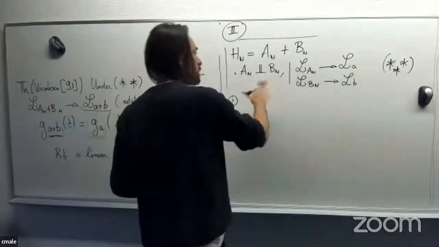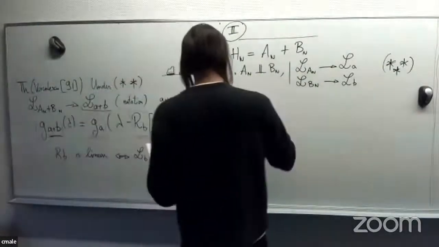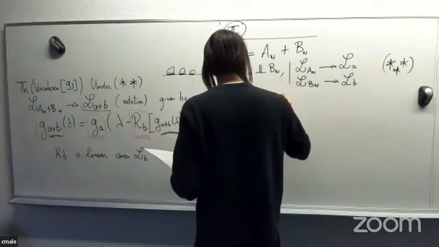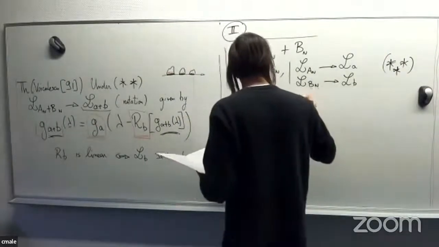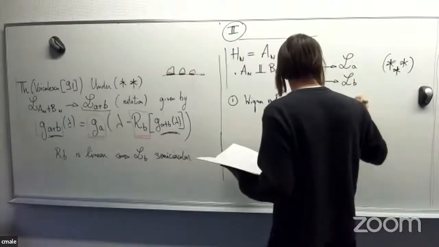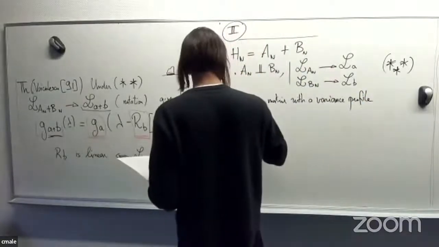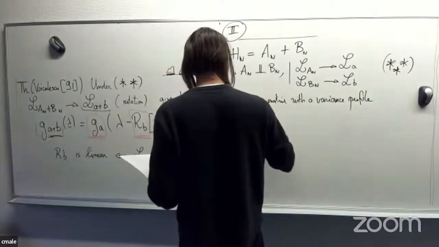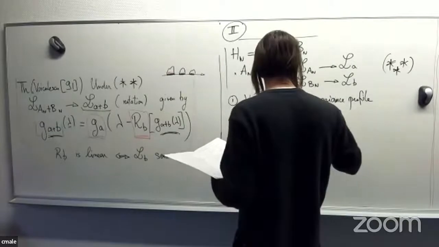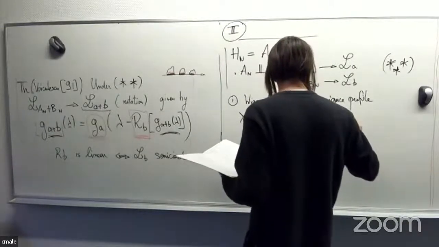I will give two definitions about the kind of example we want to generalize. First, we consider a Wigner matrix with a variance profile. So it's a matrix that I call X_n, which is Hermitian. And I assume that its entries are as in a Wigner matrix as before.